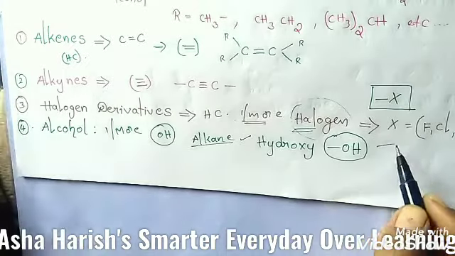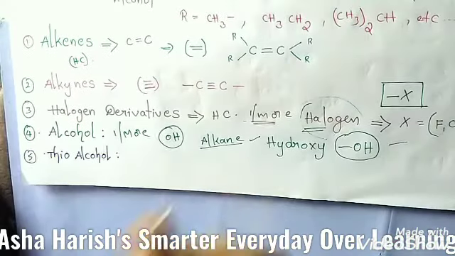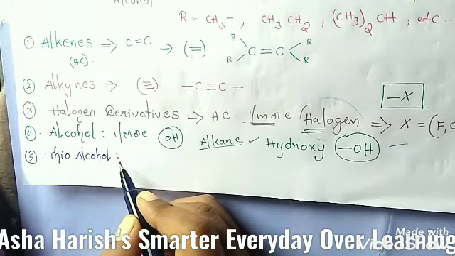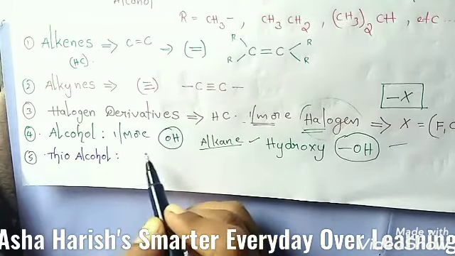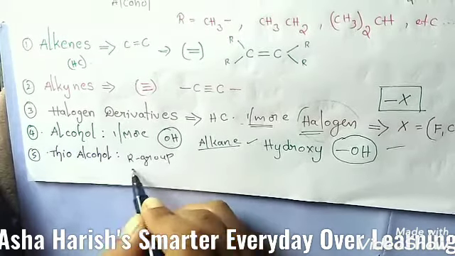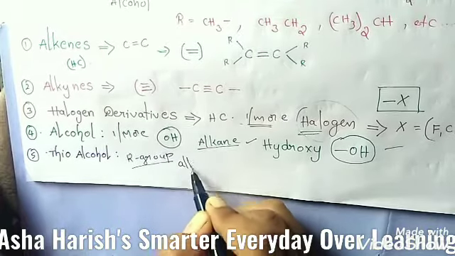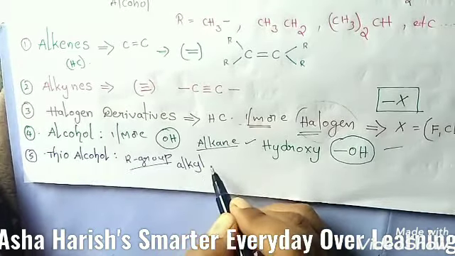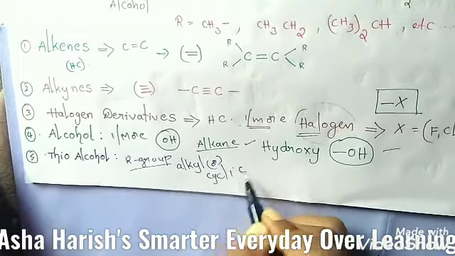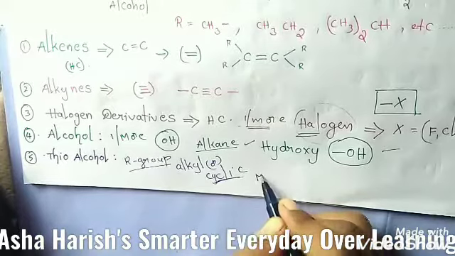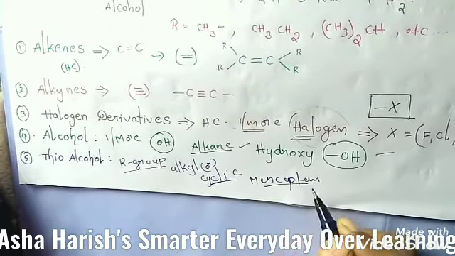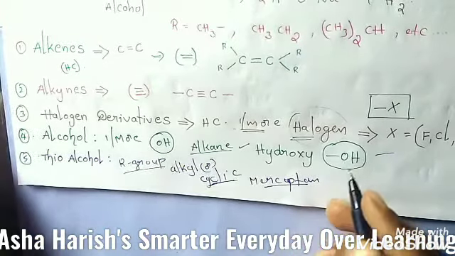And the next one, number 5, is thioalcohol. The next class of organic compound is thioalcohol, in which the R group is alkyl, like methyl, ethyl, or a cyclic compound. This is also called mercaptan.